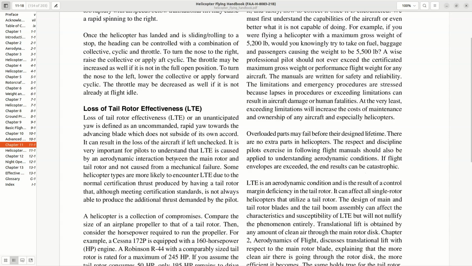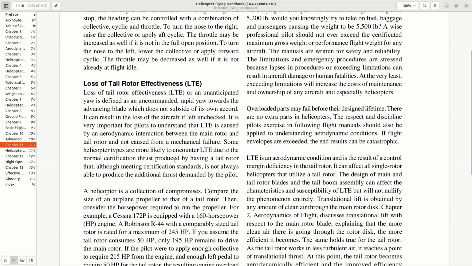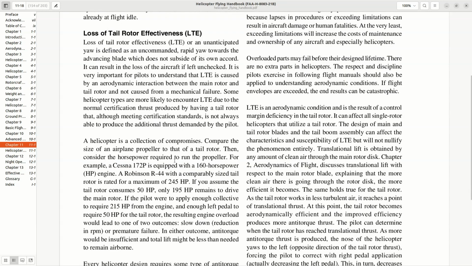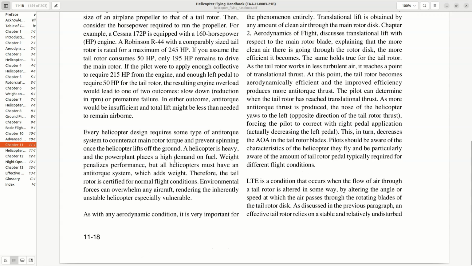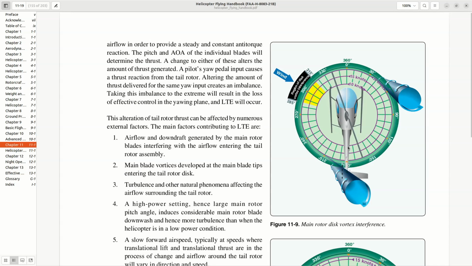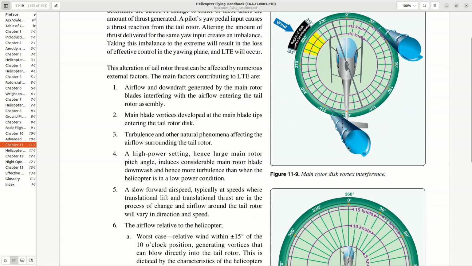Loss of tail rotor effectiveness. This is something you learned way back when we talked about aerodynamics. We do not like winds from the left in general in a standard helicopter. And there are 3 things that will cause a loss of tail rotor effectiveness. So this is the kind of thing that we worry about on those windy days.